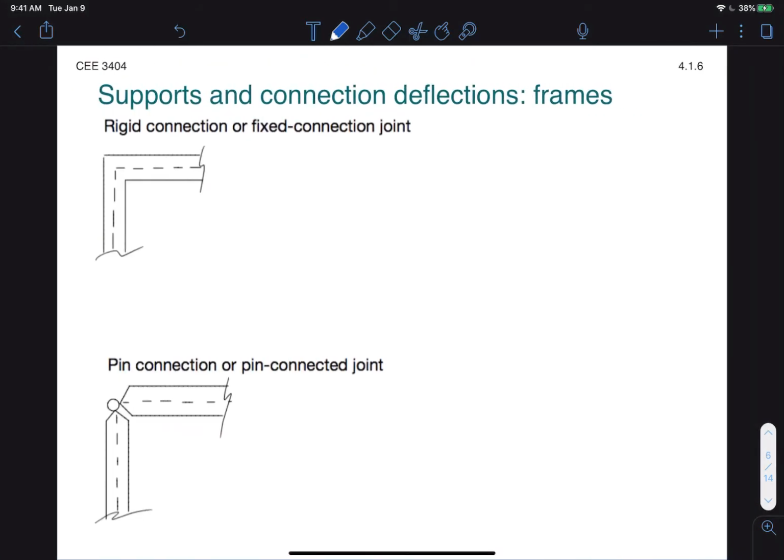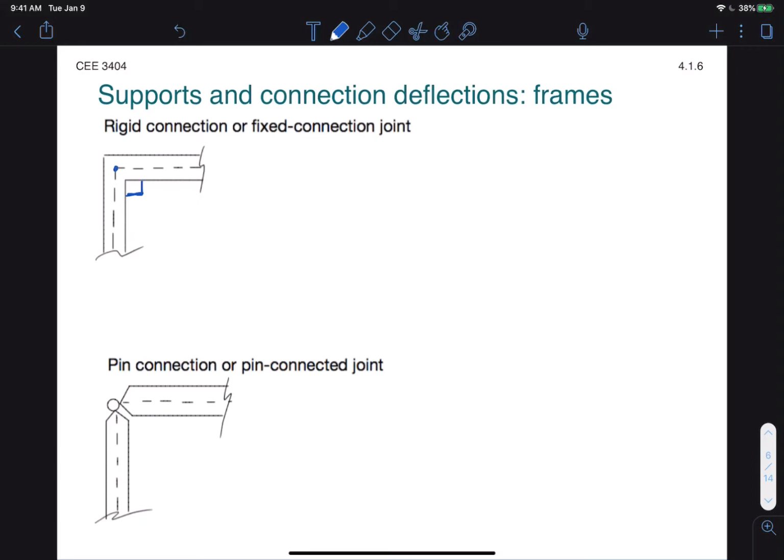Connections follow a fairly similar pattern. When we have rigid connections, as you see at the top, that angle must remain a right angle. Be sure to always label that in your figures. But in this case, the joint is allowed to rotate in general as long as that angle remains 90 degrees.